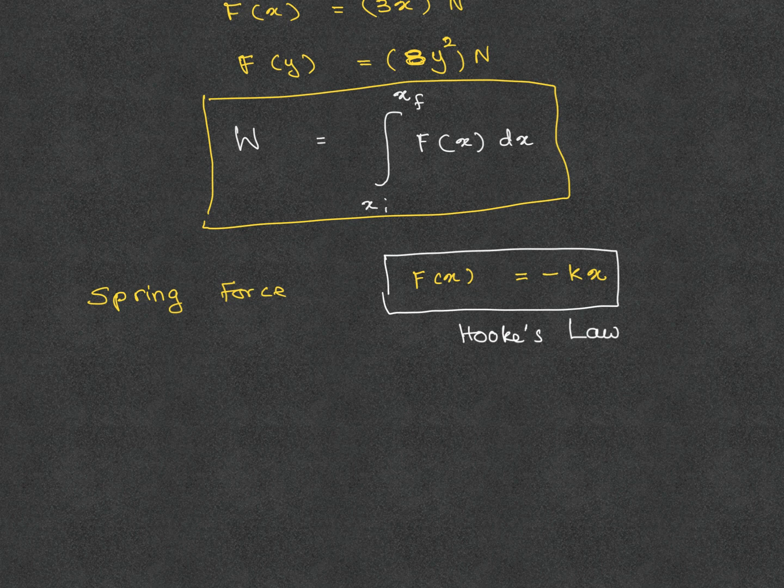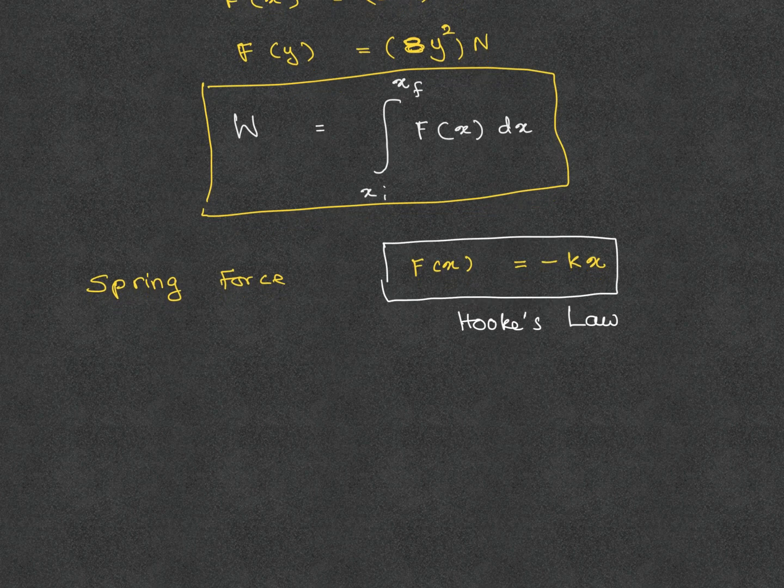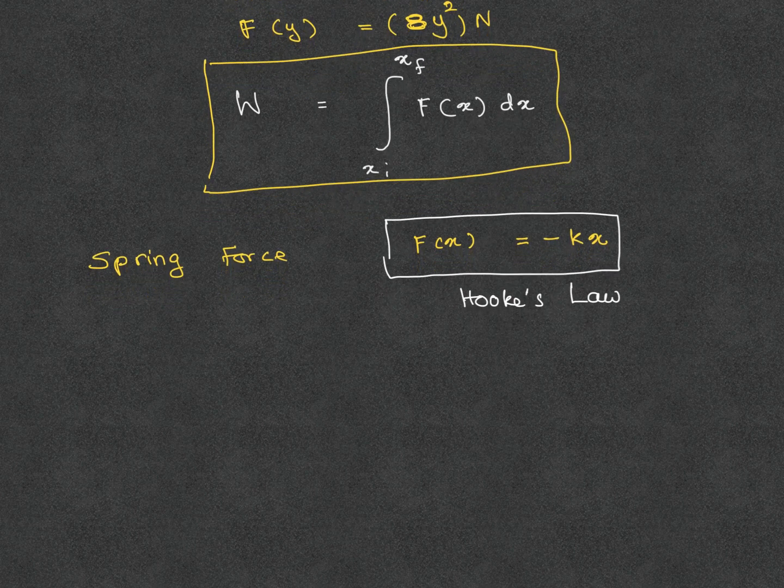So now I am going to elaborate on the force on a spring. Let me first draw a picture of a block attached to a spring. So this is the spring, and at the end of the spring you can see a block attached to it.